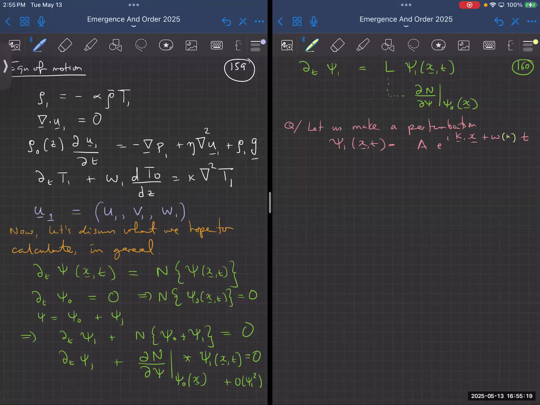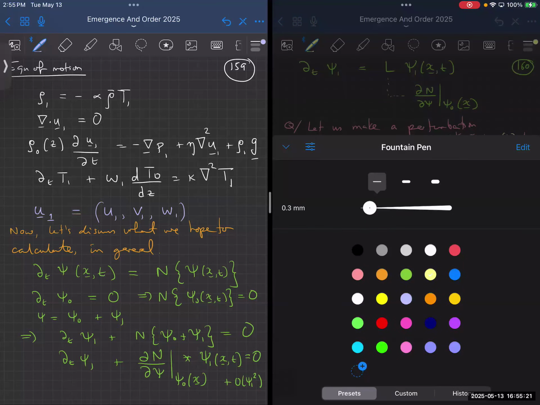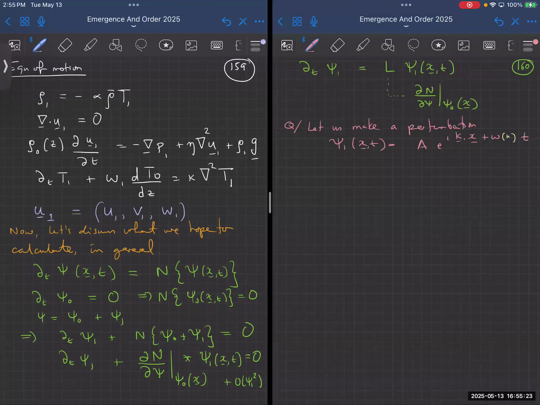So if we plug that into our linear stability analysis, then we get omega of k times psi 1 is equal to L psi 1. So the frequencies omega of k are now given by an eigenvalue problem.